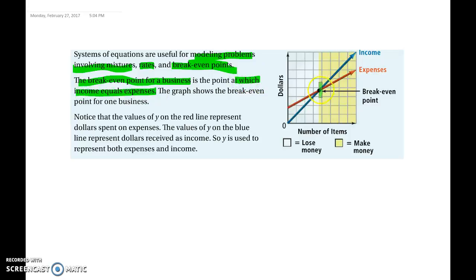So it's the point at which the amount of money it costs for you to make your objects is the same as the amount of money that you're making off of those objects. That tells a business how much they need to sell of a certain product in order not to lose money. Anything that they sell beyond that point is money that they will be making, because the income is then going to be higher than the expenses. So they will be making money at that point if they are able to sell that certain amount of items.